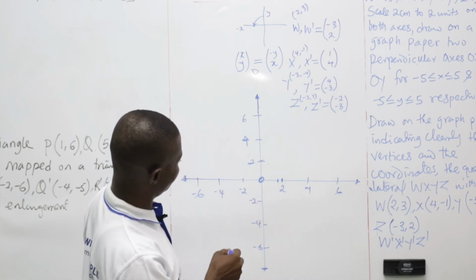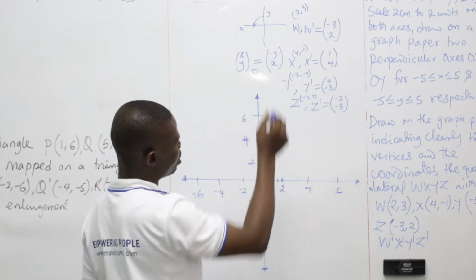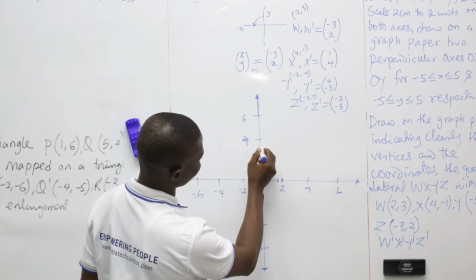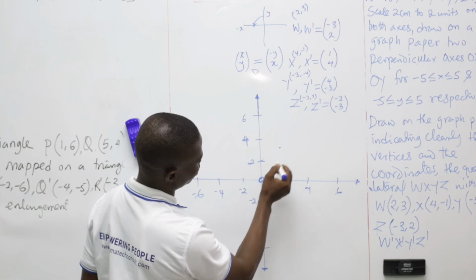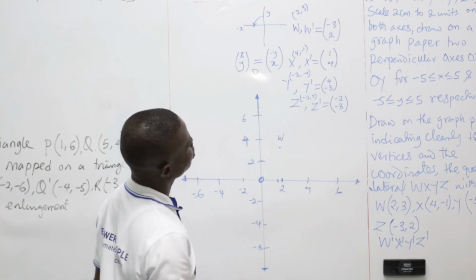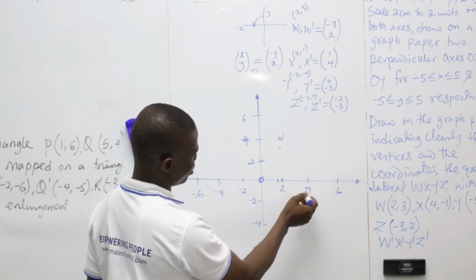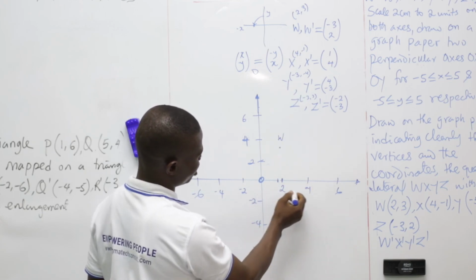So the object W is (2, 3). Let us plot 2, 3 somewhere here. You plot it, call it W. The object X, (4, -1): see 4, see -1 somewhere here.